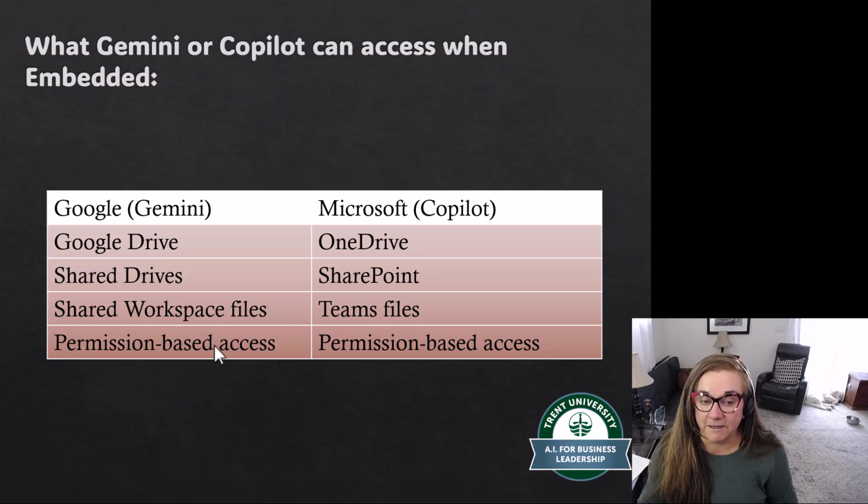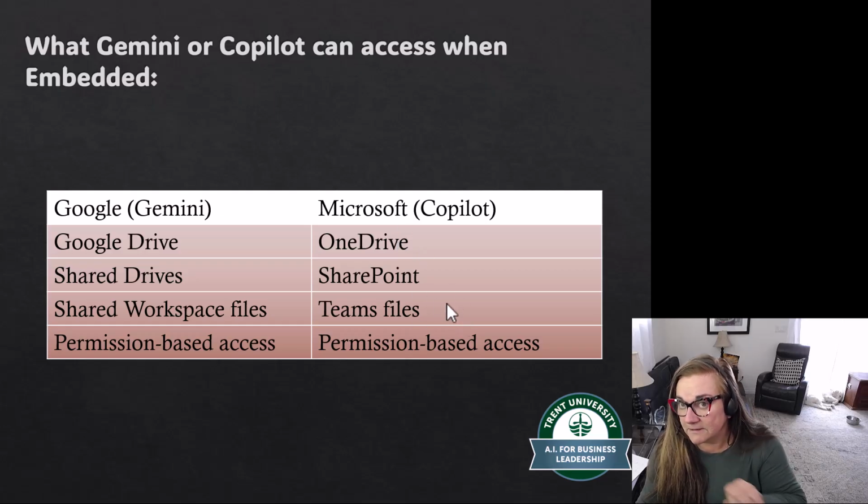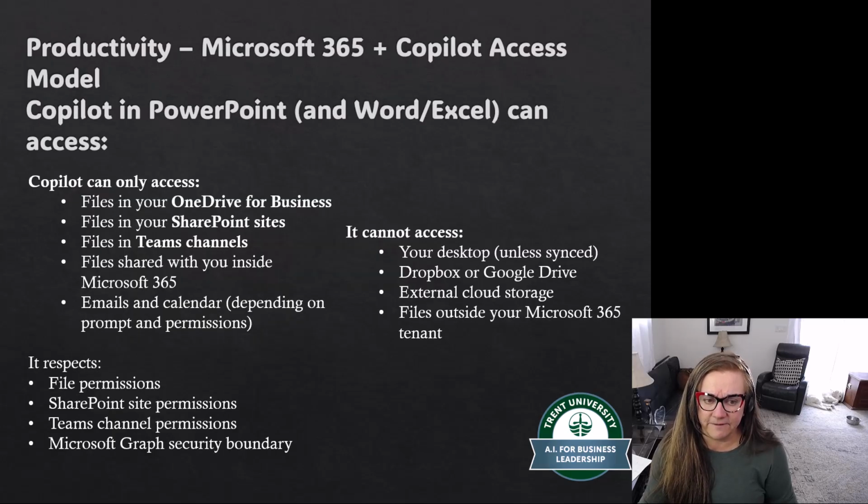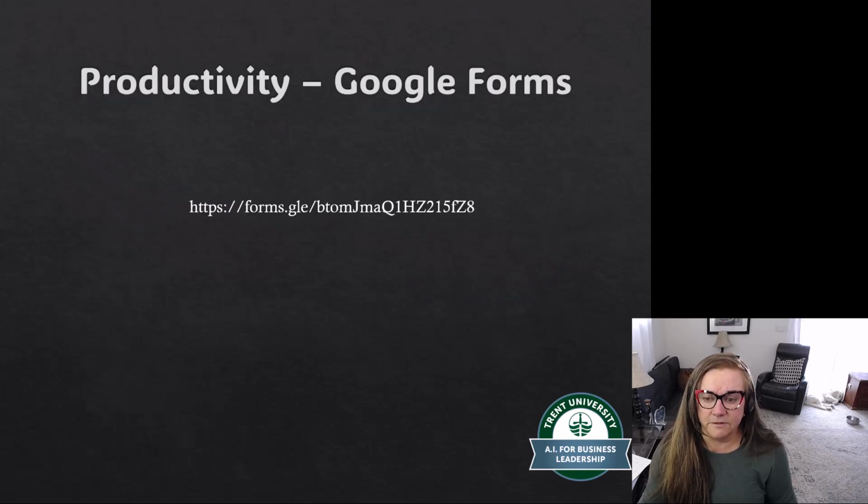Obviously, if I don't share my file with somebody within my ecosystem, it's not going to let that person find my file. Okay, so I have a lot of examples here now, but it's really talking about the same thing. And I'm going to have to continue here.